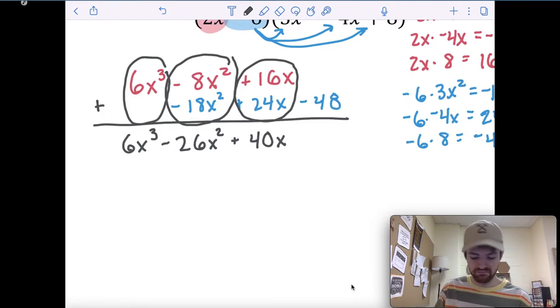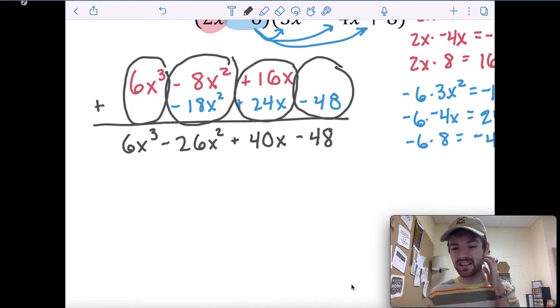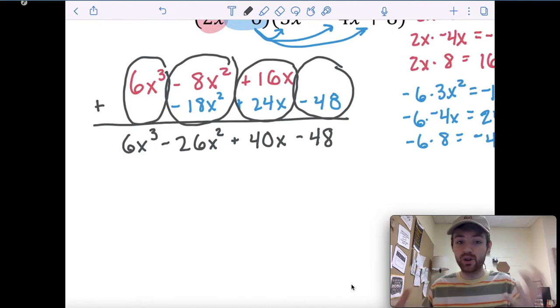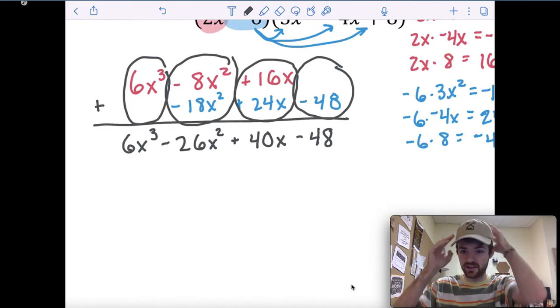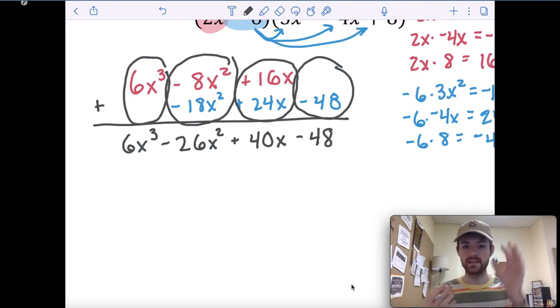And 48 plus nothing, we just bring it down, minus 48. Stacking is really nice because then you don't have to search for your like terms. They're already grouped together nicely in a column that you just have to add.